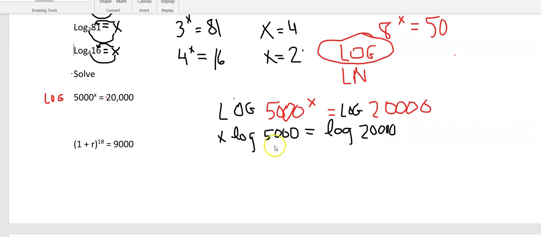So let's put log of 5,000 into our calculator. And I get 3.69897. And then I'll put log of 20,000 into my calculator.